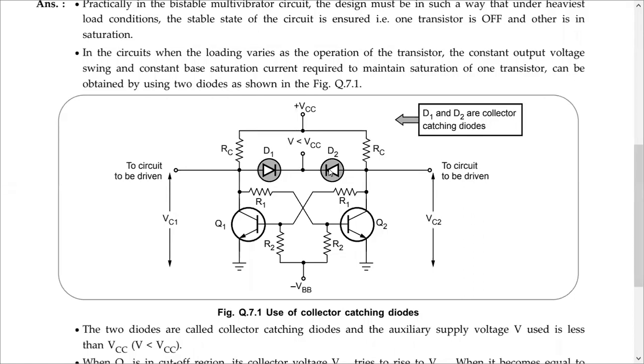Now tell me, what will be the voltage at this point? We discussed D1 is on. So if D1 is on, what will be the voltage here? Very easy question.